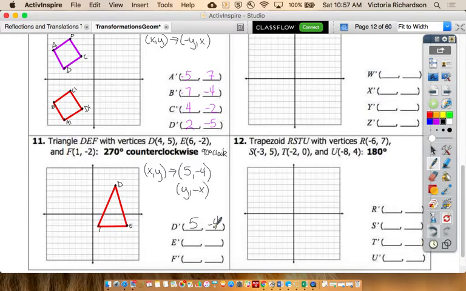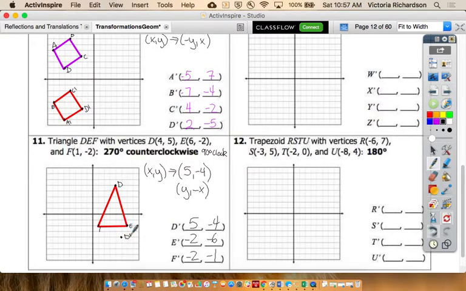So the second one would be -2, -6. And the last one is -2, -1. So I want you to try and draw that now. So 5, -4, 1, 2, 3, 4, 5. 1, 2, 3, 4.